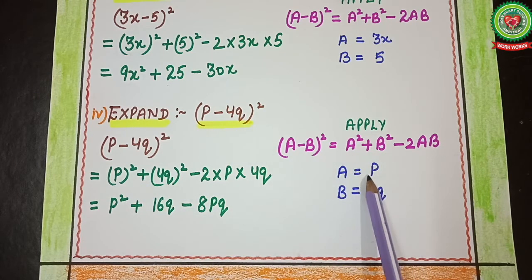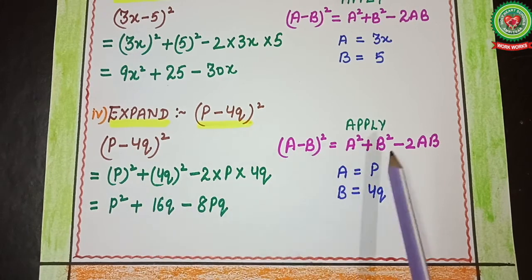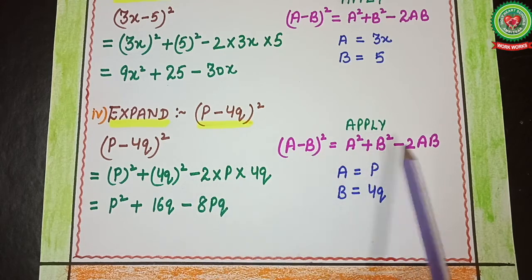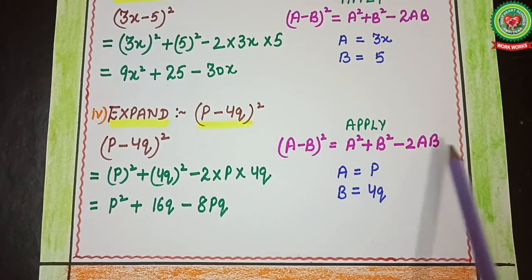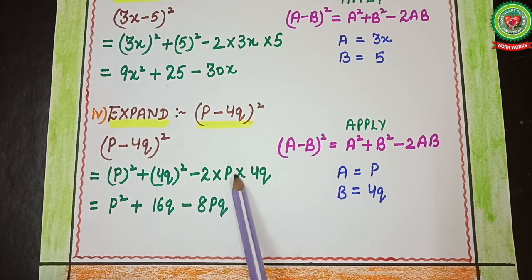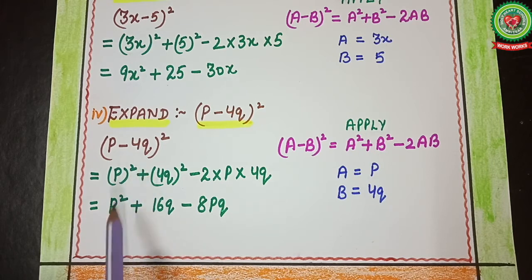So now apply this identity here. A square means p square. So you will write here p square, plus means plus, b square means 4q square. Minus means minus, 2 means 2, ab means a multiply b, that is p multiply 4q. So you will write here p multiply 4q, right? Now square of p is p square. Plus means plus, square of 4 is 16.